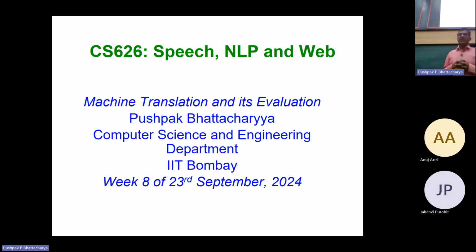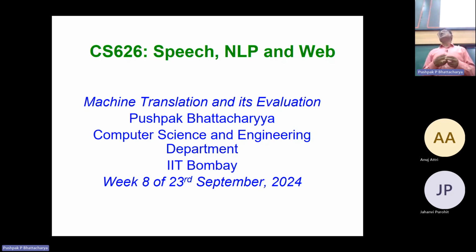So machine translation became important from those days, and it was deceptively simple. People thought, what is there in machine translation? You just take the word and substitute words in the target language, and you get the translation. But this was not to be the case, as lots of examples showed.